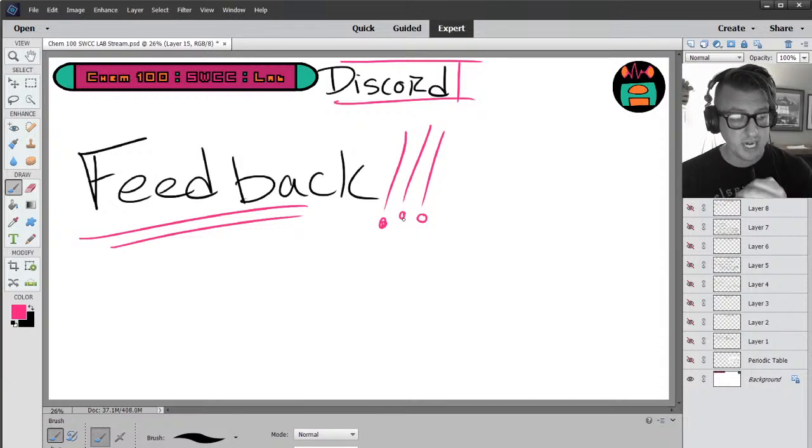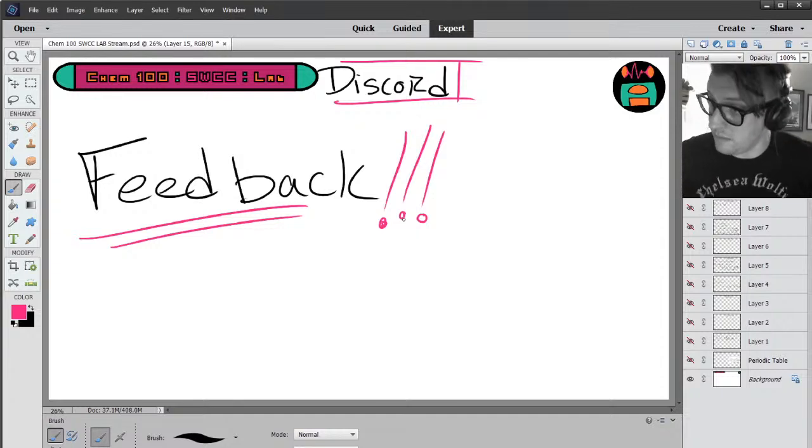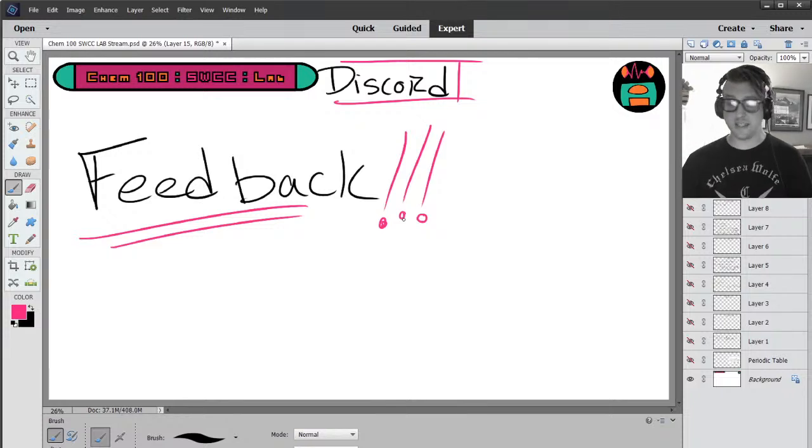But it's not some rigid, set in stone thing. So if there are features in the server that you think would be useful, totally let me know. I'm 100% down to build and evolve this in any direction. So give me feedback. Let me know how it's working for you, if it's working for you, what isn't. I want to hear. Okay, that is lab.